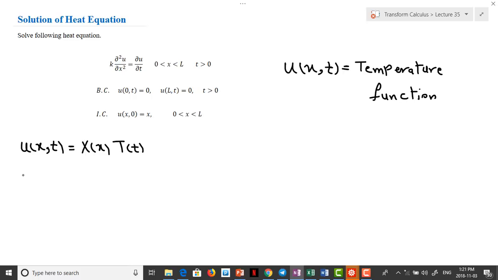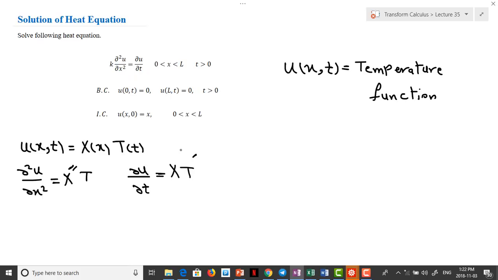So now we have to find second derivative of u with respect to x. It's equal to X double prime times T. And derivative of u with respect to t is equal to X times T prime.